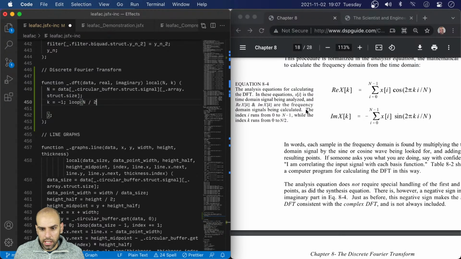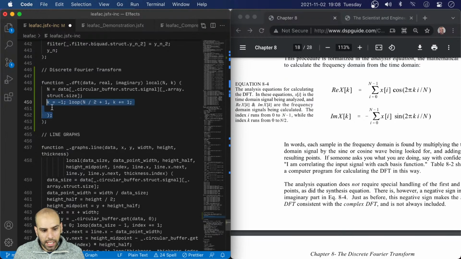Okay, so it's saying here the index I runs from 0 to n-1, while the index k runs from 0 to n divided by 2. But that's inclusive. So it goes from 0 to n divided by 2, which means that it runs for n divided by 2 plus 1, this plus 1 being the 0. And then I will do that bit.